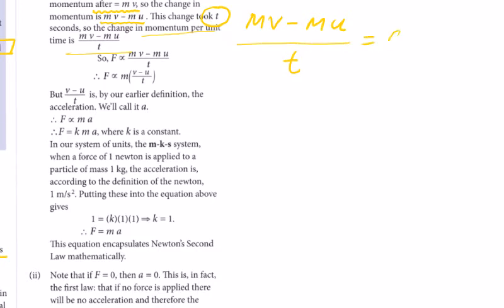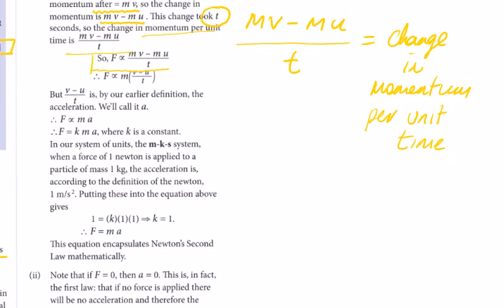So you're going to write into your copy: equals change in momentum per unit time, mv minus mu over t. So force is proportional to mv minus mu over t. Just rub out that line so you can see it.